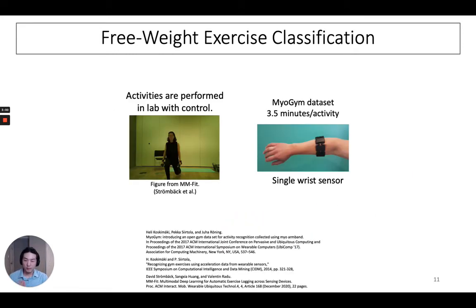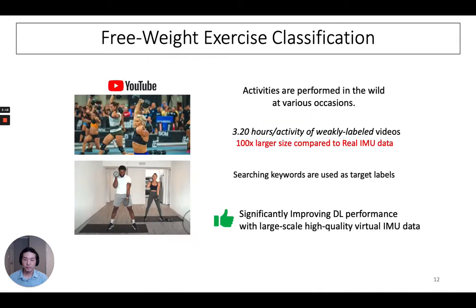In our experiment, we used 3 different benchmark datasets, but in this video, we show results for the MyoGym dataset, which had 3.5 minutes of sensor recording per activity with a single wrist sensor, and where activities are performed in the lab with control. For the virtual IMU dataset, we collected videos from YouTube where activities are performed in the wild on various occasions.